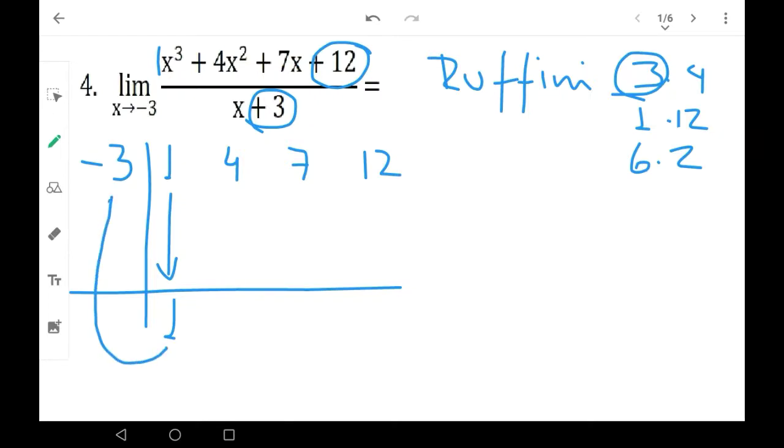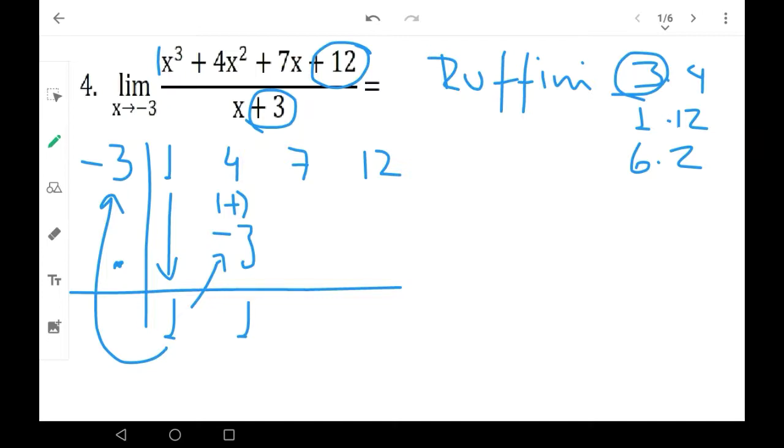I multiply this times this, and the answer of that multiplication will go here. So the -3 will be here, and then I have to add these two. So 4 plus -3 will be 1.